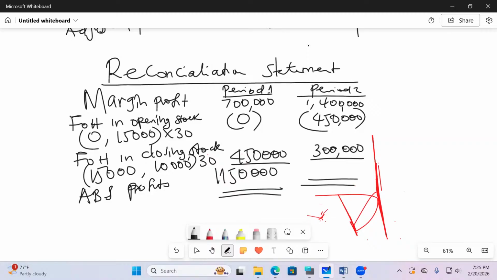And then period 2, we have 1.4 million minus 450,000 plus 300,000, which gives us 1,250,000. And then now you go and look at the P&L that you did under absorption and see whether the figures are agreeing. Are they the same as these ones? So they have reconciled.